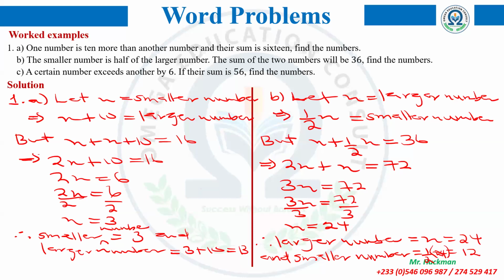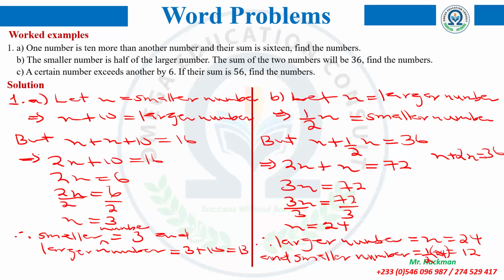Okay, and quickly let's see, then we will end. I'm going to do the other one. Assuming the smaller number is what you represented by x, then the bigger number will be 2x. So in that case, it will be x plus 2x is equal to what? 36. Am I right?